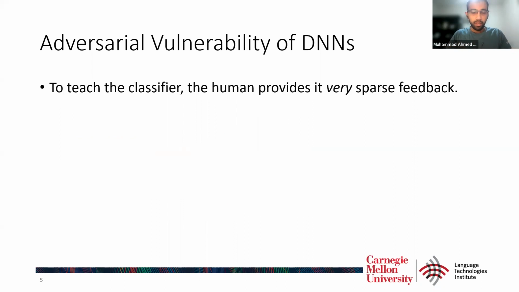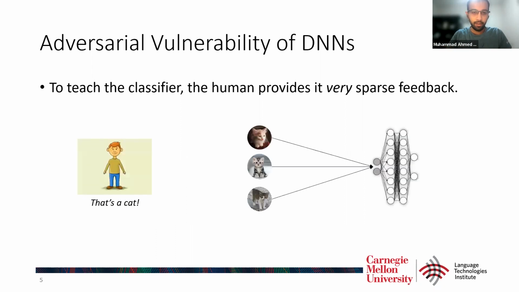Now, what we want is to teach a machine learning model to replicate our decision function. So we want it to classify everything that we consider a cat as a cat, and everything that we do not consider a cat, we want the model to say it's not a cat. To do this, we give the model a bunch of images and tell it, okay, these are images of cats.